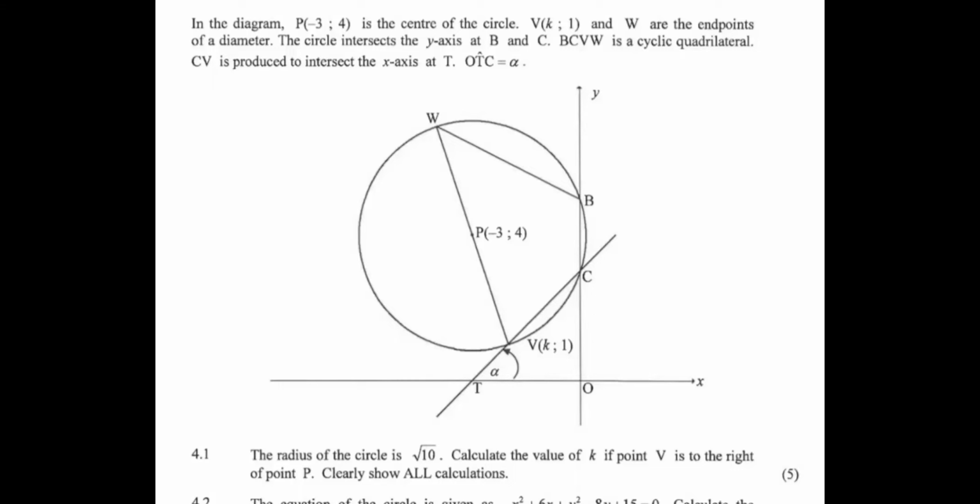Because they're giving us the radius, the distance of the radius, we can just use the distance formula. Does anyone have a different suggestion? Would you all agree with this? Okay, so let's do the distance formula then. Remember the radius is square root 10.